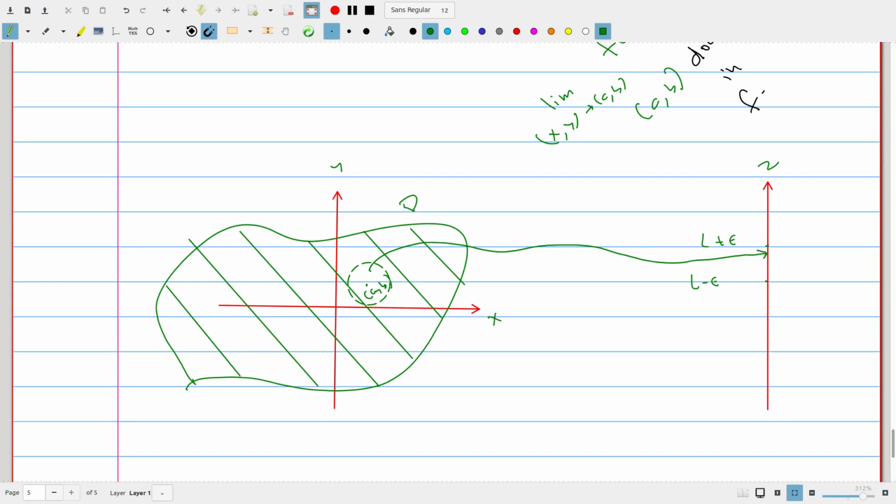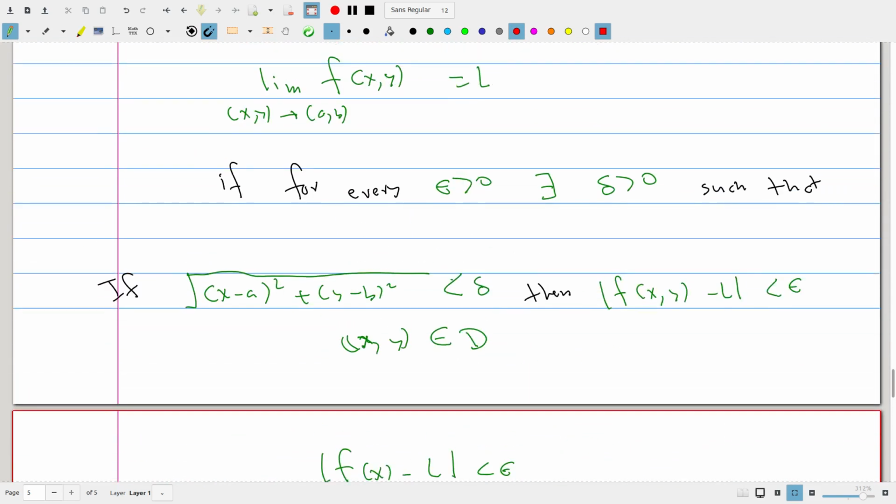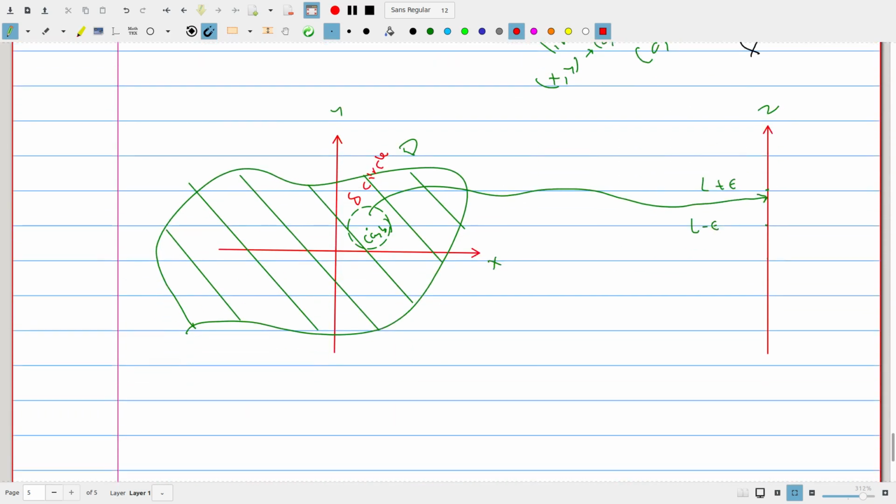This I call the delta circle, meaning it has a radius of delta. Why does it have a radius of delta? Because it is defined by this inequality. Right, so the region within the circle is defined by that inequality.